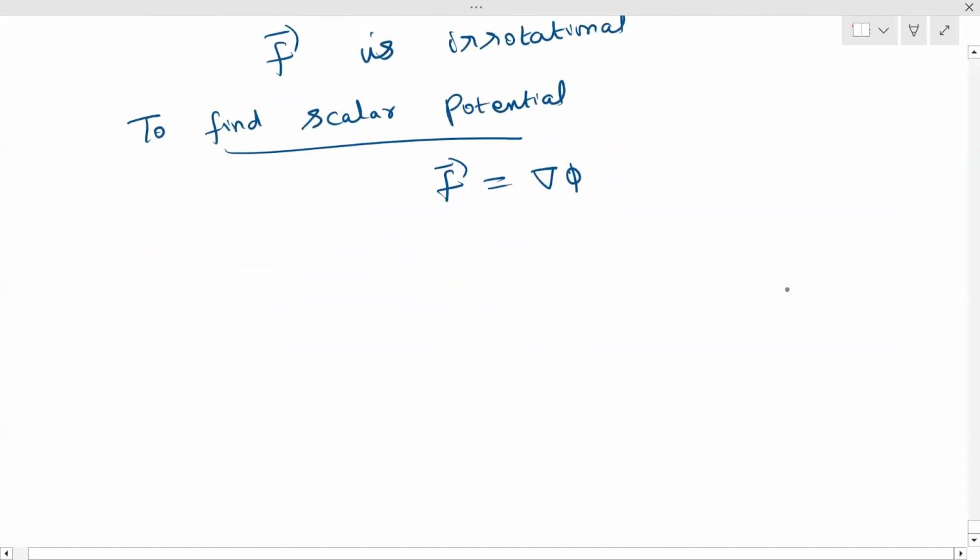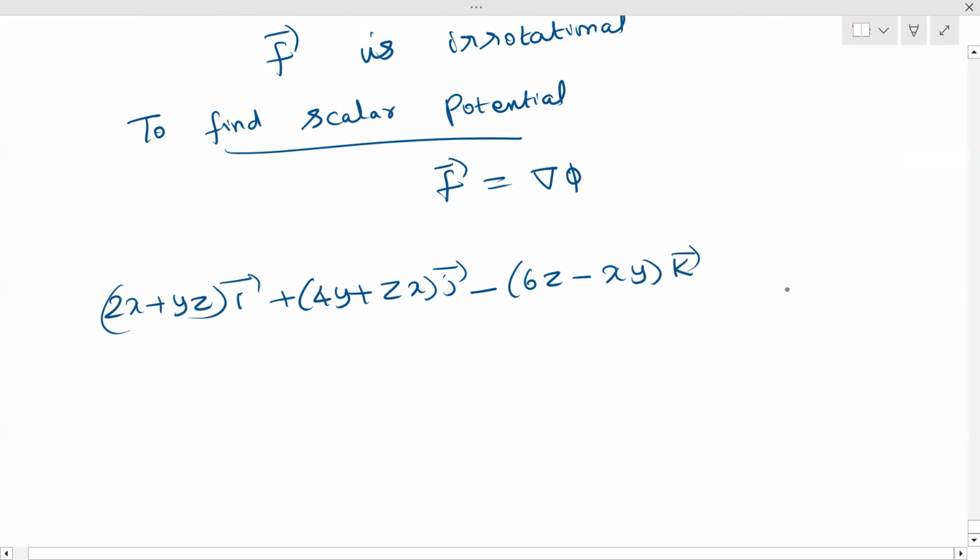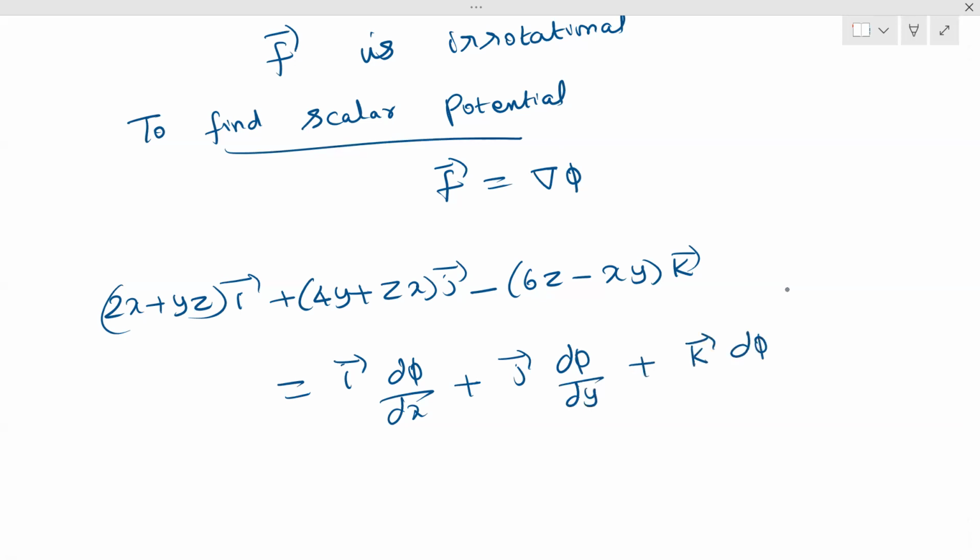So here what is the F vector they have given? 2x plus yz i plus 4y plus zx j minus 6z minus xy k is equal to del phi. That is gradient phi is nothing but i vector into dou phi by dou x plus j vector into dou phi by dou y plus k vector into dou phi by dou z.